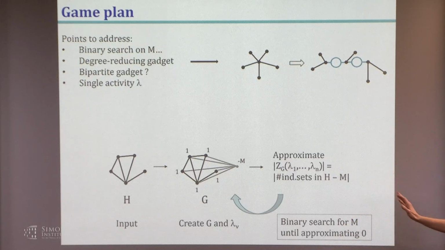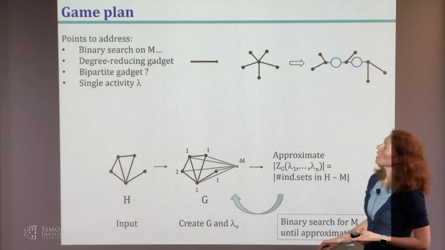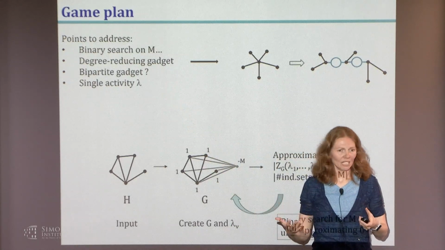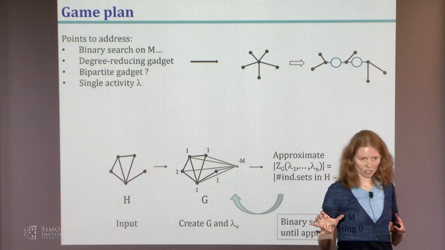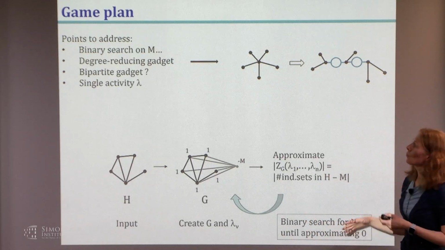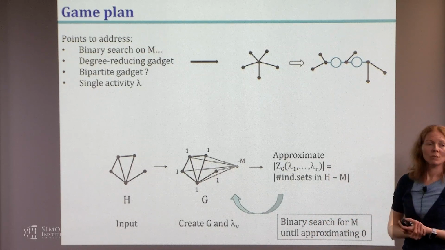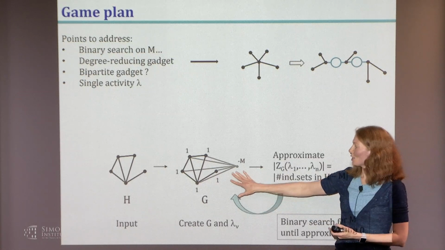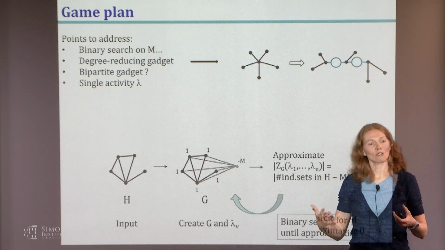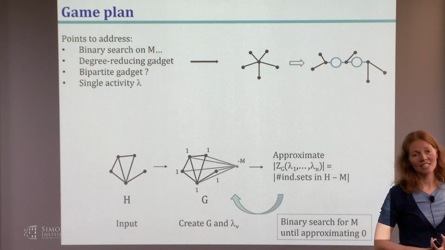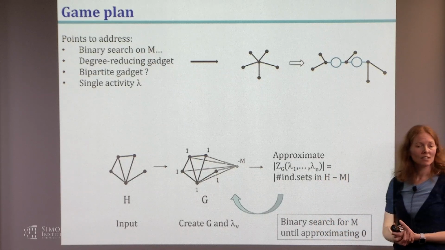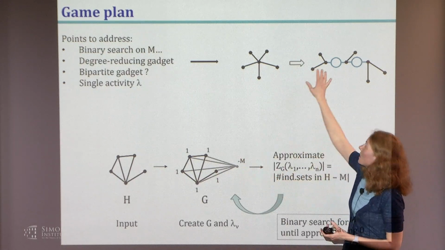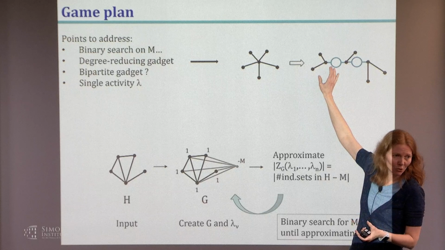Okay? Likewise, we can do the same thing to convert our graph into a bipartite graph. There is a bipartiteness gadget, again, just a path. The only thing that we need to really worry about is that here we extended ourselves to the multivariate setting where we're allowing activities to be 1 or minus m, or within this gadget there are a couple of other values.